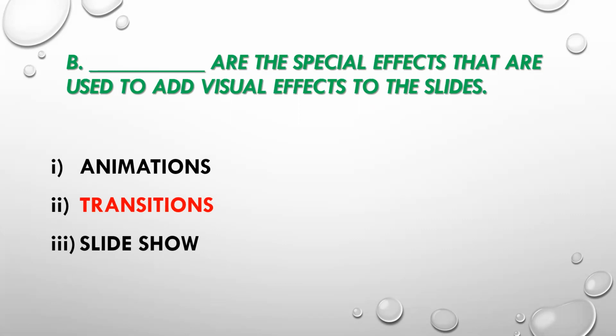Transitions are those special effects which can be used to add visual effects to the whole slide. Remember that animation effect we are giving on objects of the slide, and transition effect we are giving on the entire slide.